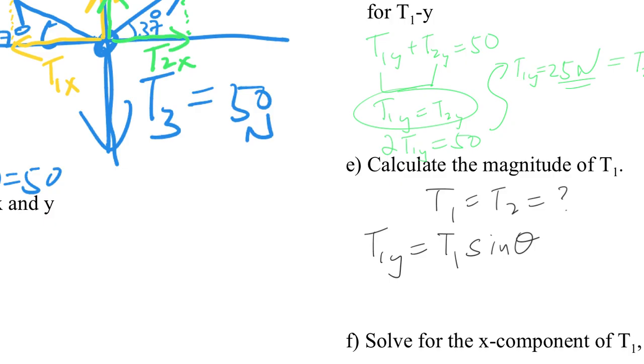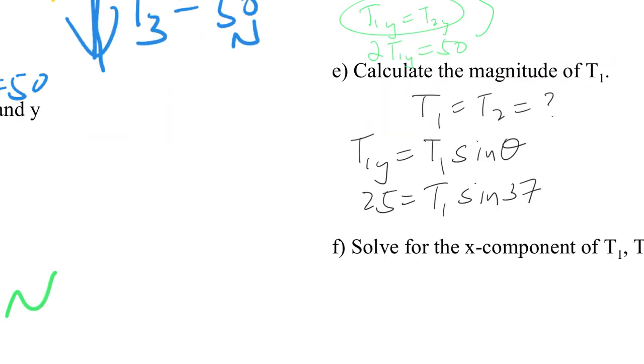So I got T1y, it's 25. I don't know T1, sine of 37. So T1 equals 25 divided by sine of 37, which is 41.5. I'll just round it off. 42 newtons.